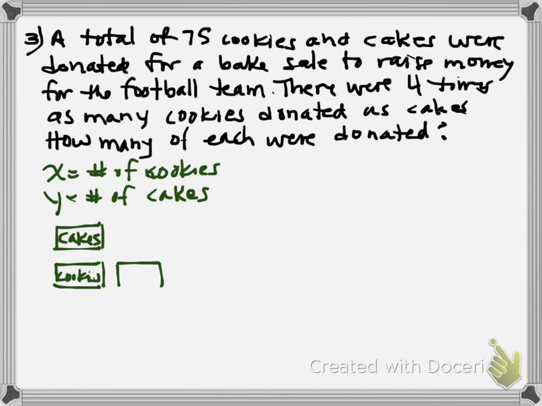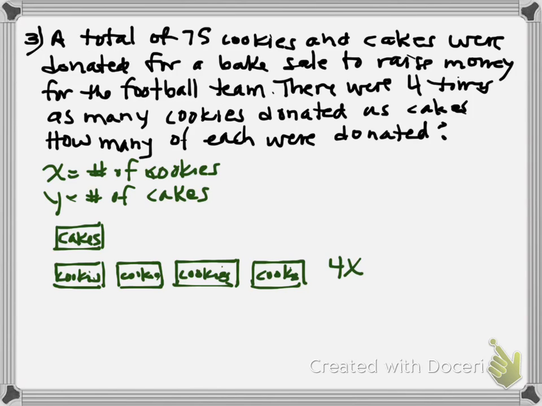So that means we have 4 bars of cookies to 1 bar of cakes. So it took 4 X's to represent 1 Y. Drawing that picture, just wrote an equation.